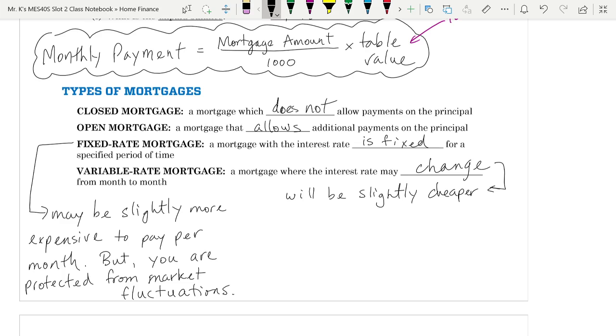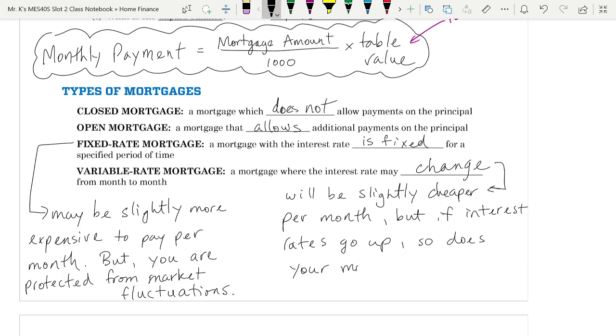So maybe slightly cheaper per month. But if interest rates go up, so do your mortgage payments.